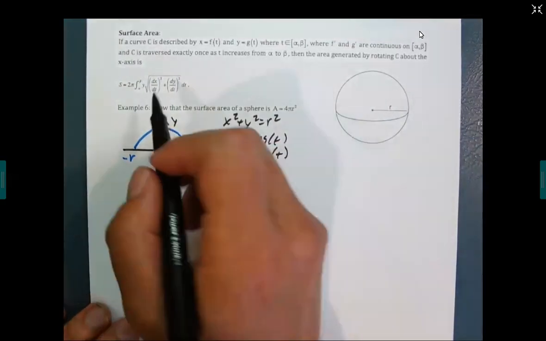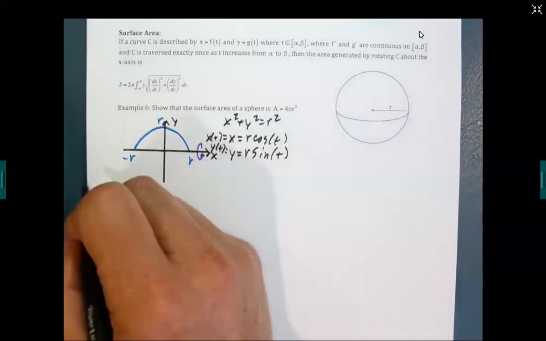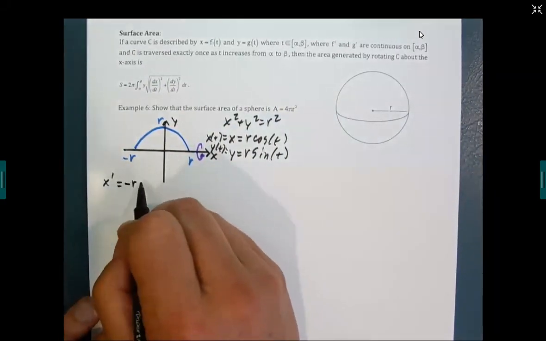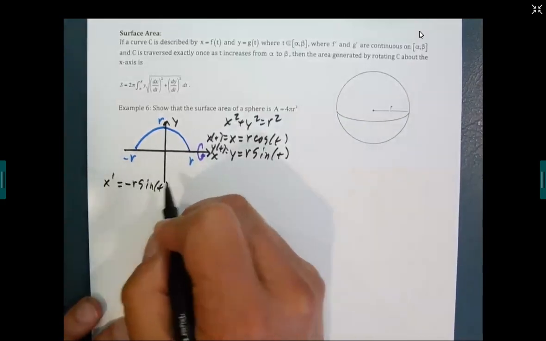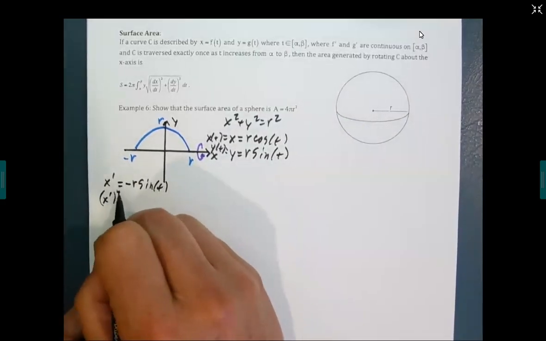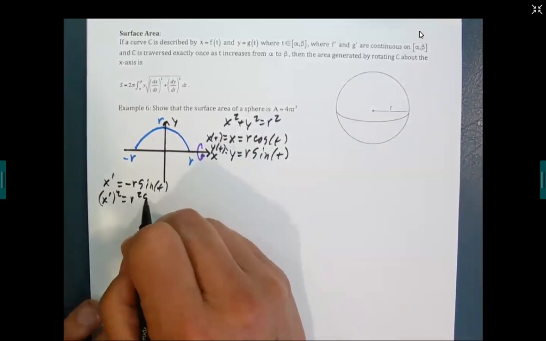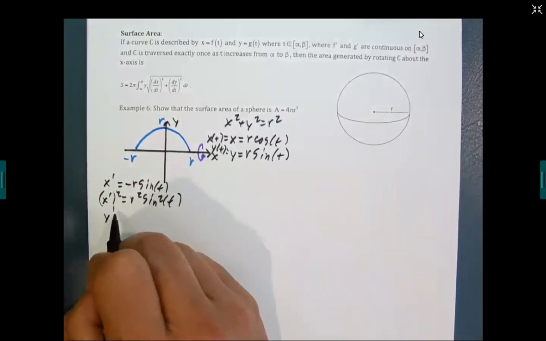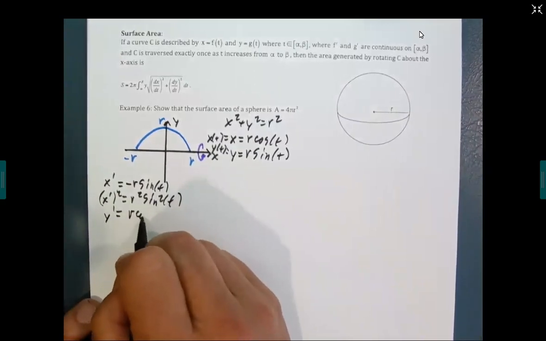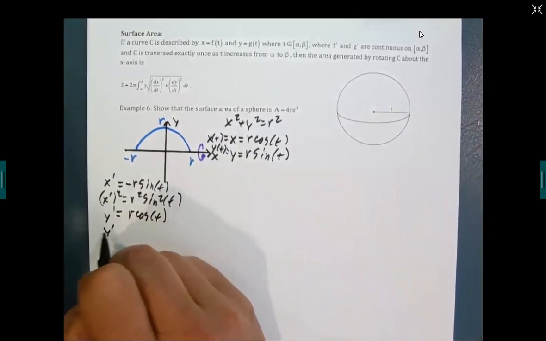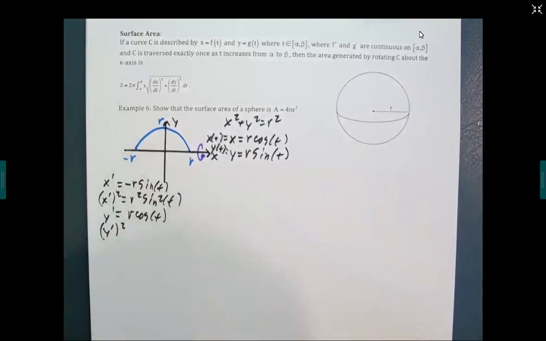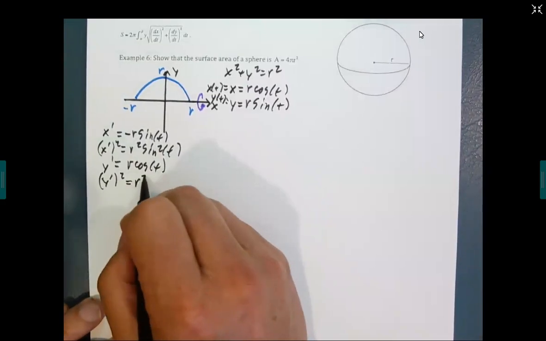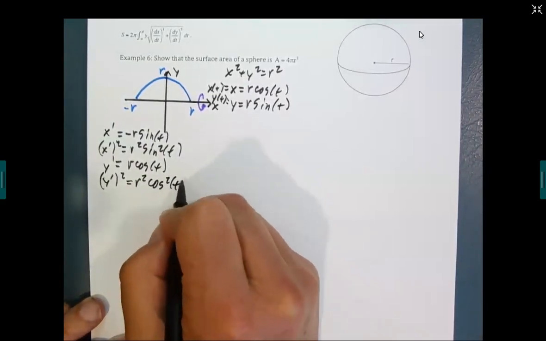And I'm going to dig out this part first. So x prime is going to be negative r sine t, and x prime squared is going to be r squared sine squared t. Y prime is r cosine t, y prime squared is going to be r squared cosine squared of t.